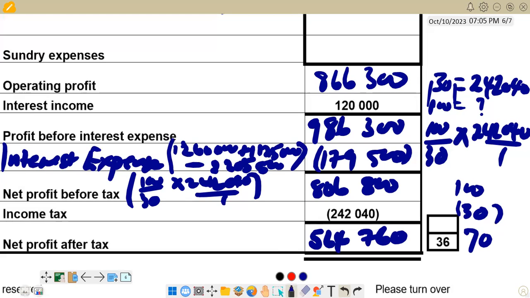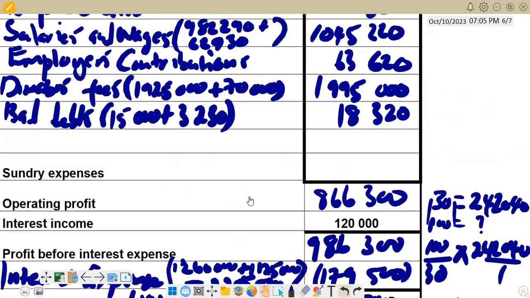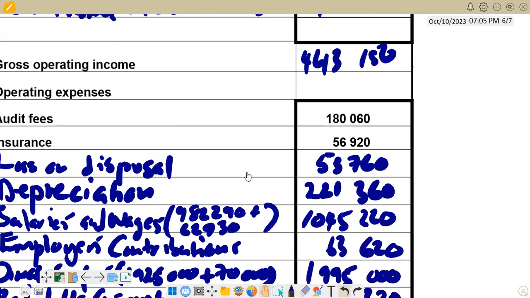We've got a missing figure again. Missing figures on top there. So we go up again. If we go up here to find operating profit, we said this one minus this one to get this one. So to get gross operating income, we're going to say operating profit plus the operating expenses.